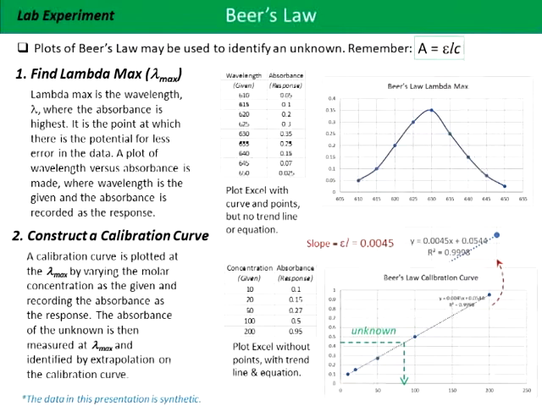To determine the unknowns, we must construct a calibration curve at our Lambda Max. Let me repeat that. Step 1, we obtain a Lambda Max by varying the wavelength for a specific sample.